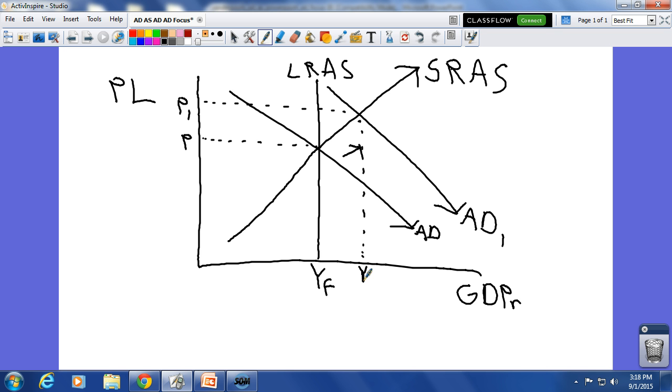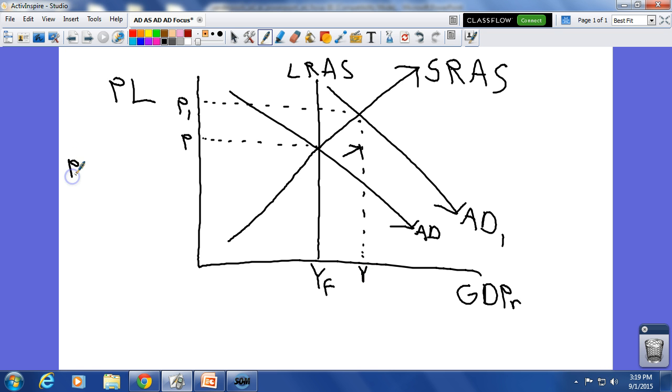So now, the last thing we need to do is we need to put what happens to output, price level, unemployment, and inflation. So we can tell as we moved from our first equilibrium to our second equilibrium that the price level went up.